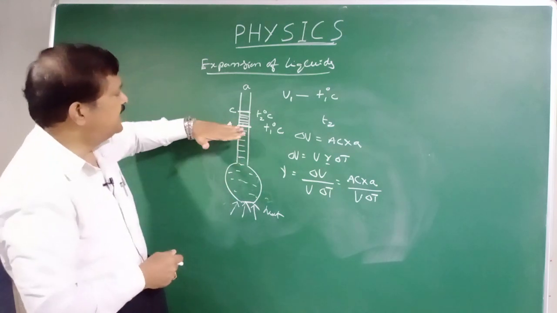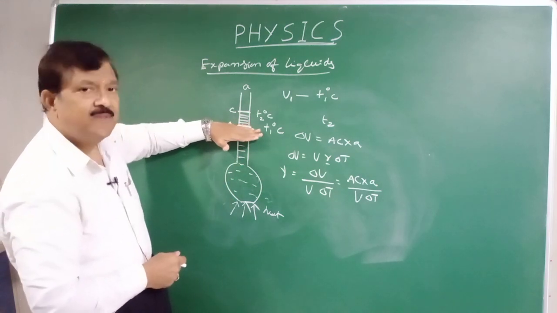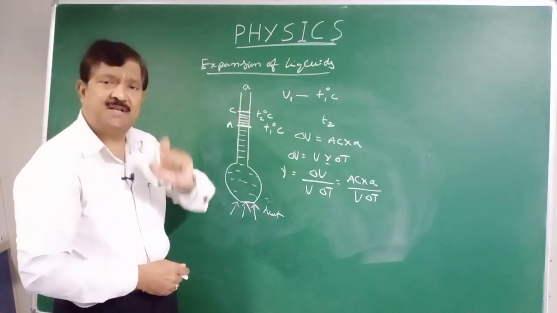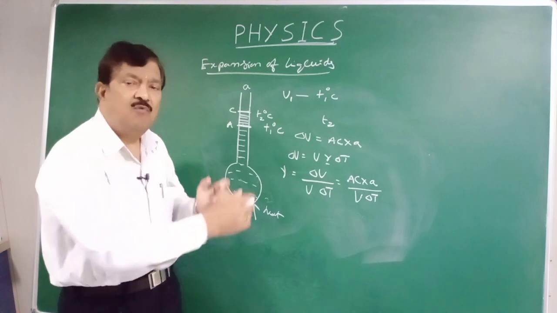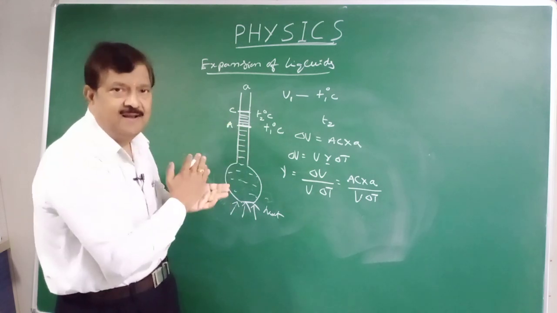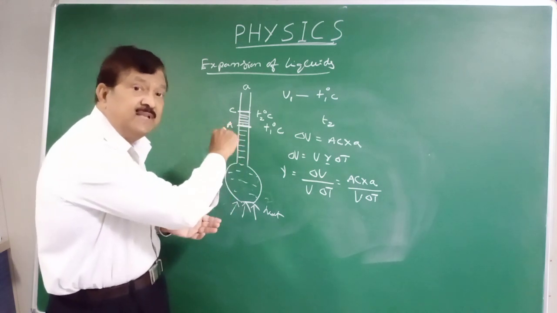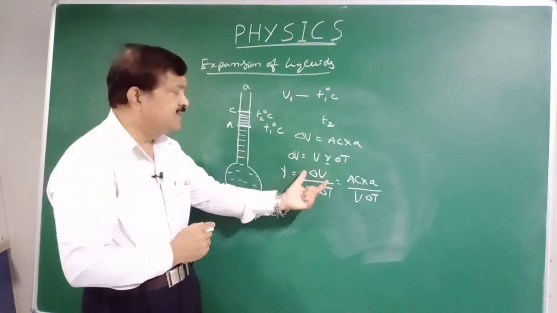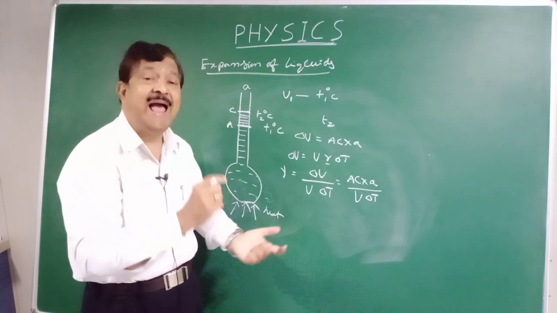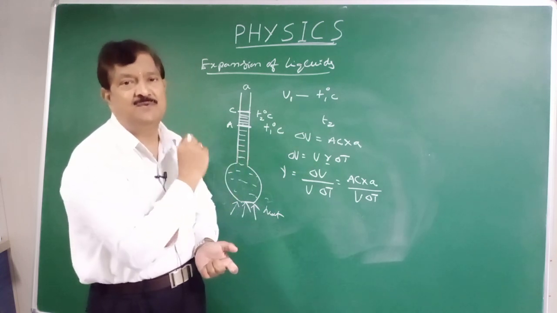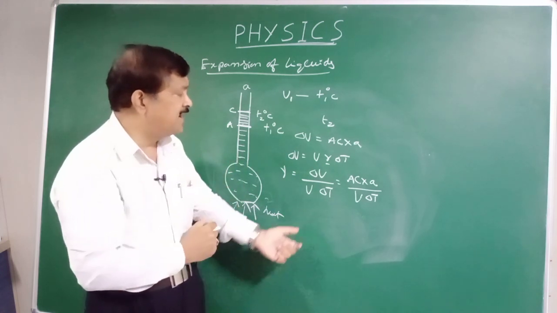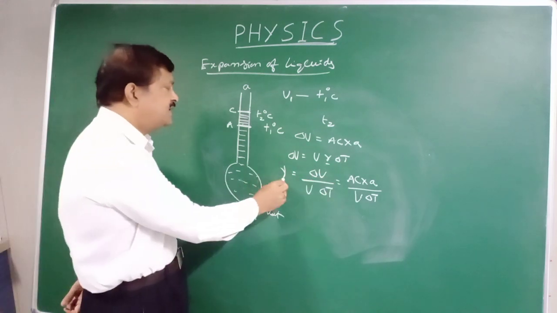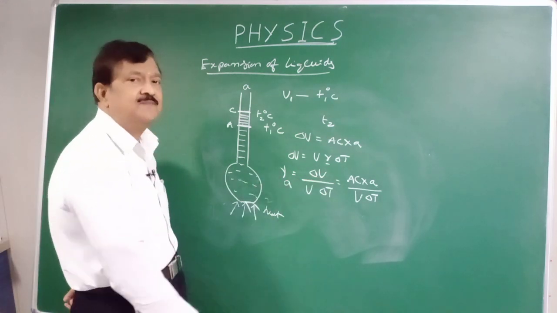Here we have seen the liquid level initially at A and finally the liquid level appears at C, so the apparent change in the volume, apparent in the sense of what actually appears there for the expansion, is from A to C. So this delta V, the change in the volume from A to C, is called the apparent change in the volume.